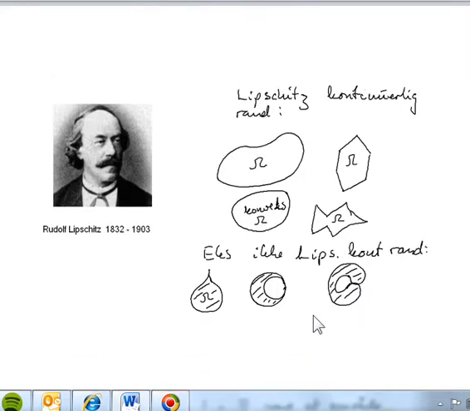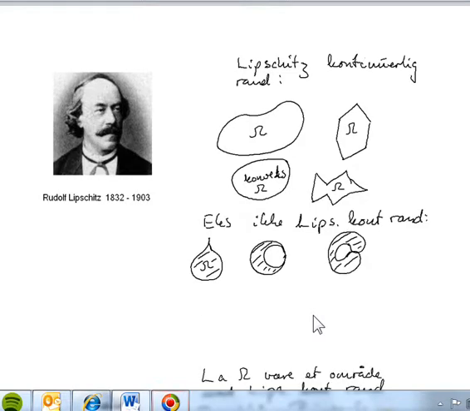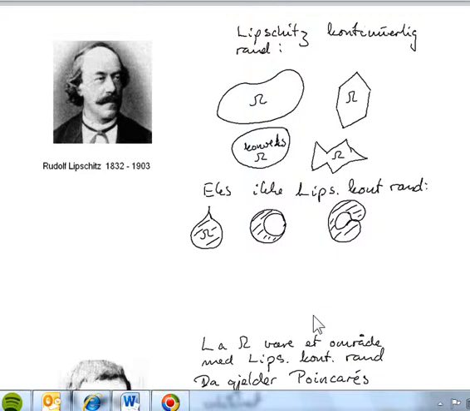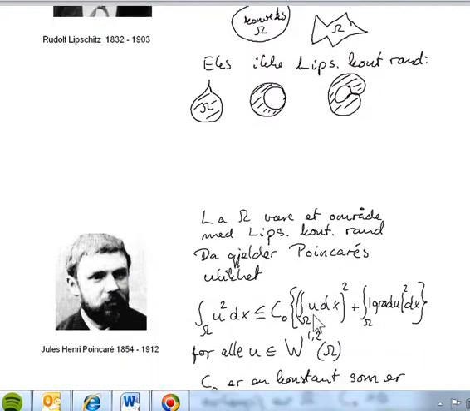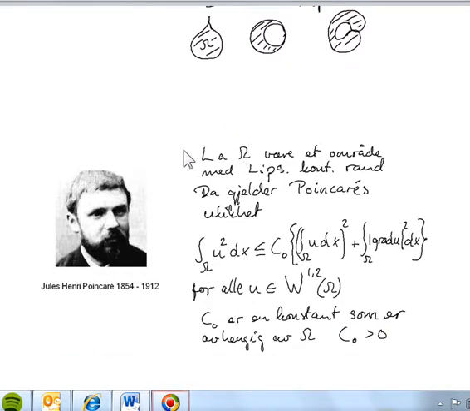We are not going to give you the precise definition of Lipschitz continuity, because I think it's not within the scope of this elementary theory we are going to show you now. So I just want you to have an impression of what this means.